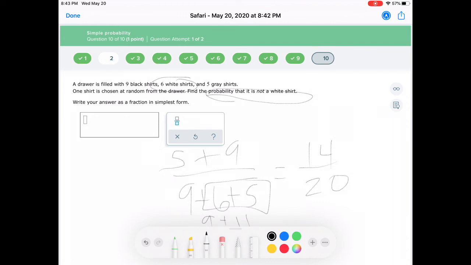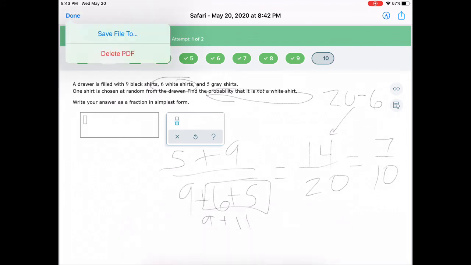If there are 6 shirts that are white, that means the rest of them have to be not white. So you could also take 20 minus 6 to end up with that 14. So two different ways to arrive at that 14. Either way, you'll get 14 out of 20, and that's going to simplify to 7/10 as our answer here.